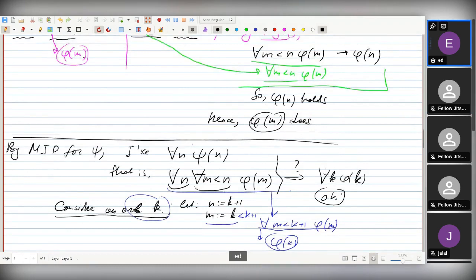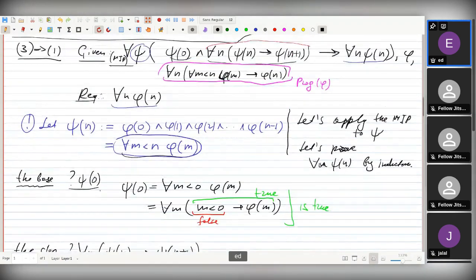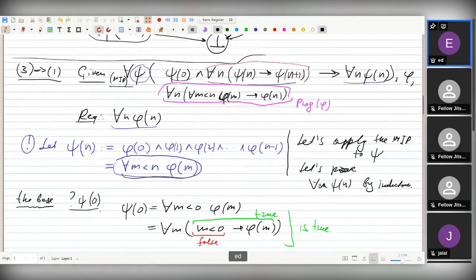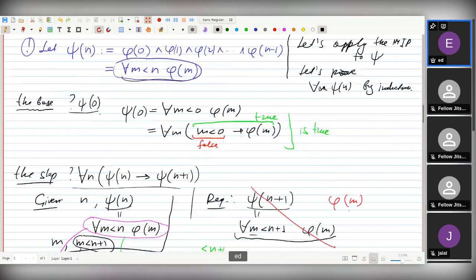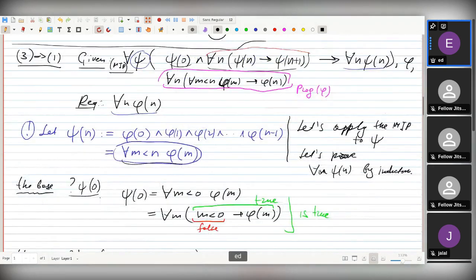So what have I done here? I have strengthened the statement from phi to psi. Psi says more. Psi says that phi holds for n consecutive numbers from 0 on.